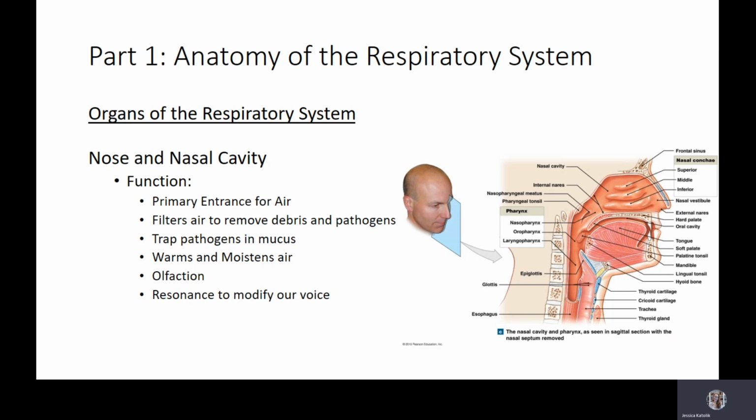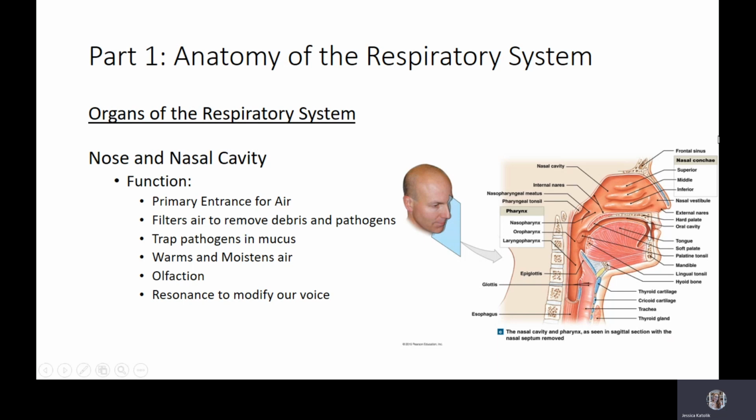The air has to be warmed, moistened, and filtered before it goes into the rest of the respiratory tract. One of the structures that helps us do that is going to be our nose hairs. The nose hairs are going to create a meshwork that is capable of collecting debris and pathogens, and therefore it also aids in immunity. It'll help clean the air as it's entering the respiratory tract.